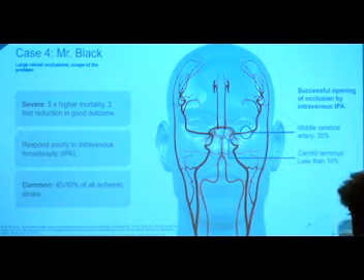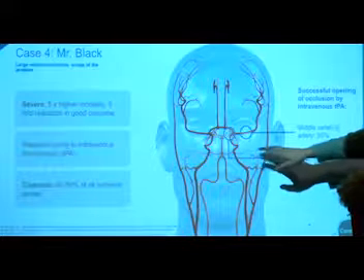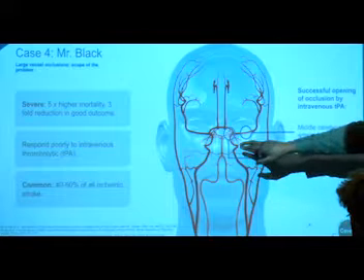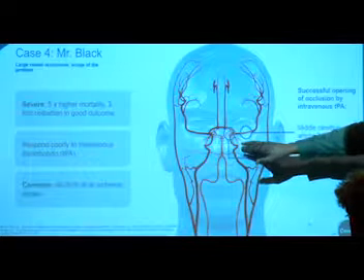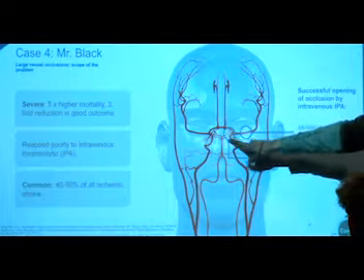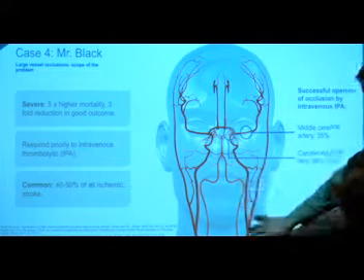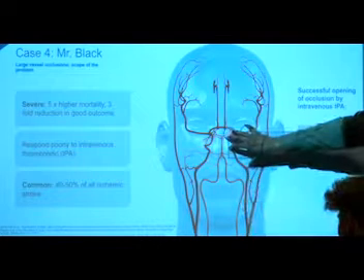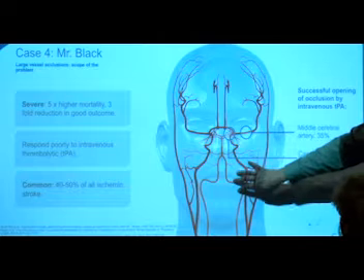It responds poorly to IV TPA, and if you think about it from a very basic physics perspective, if the clot is in the left carotid artery, the blood has to flow through the carotid and get to the clot, and the blood carries the TPA.